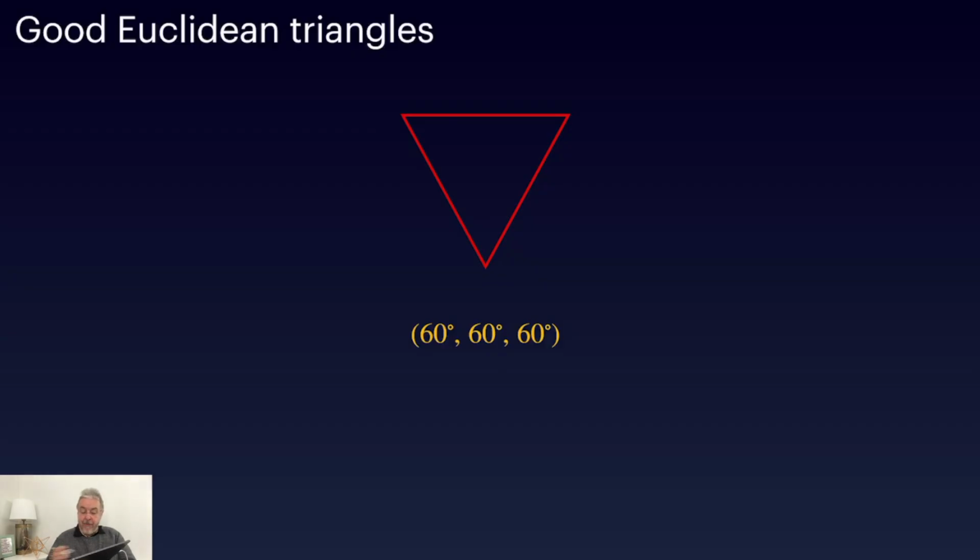So one of them in Euclidean geometry that makes it is, for instance, 60, 60, 60. So what you need is every corner is a divisor of 180 degrees. And the sum of the angles in Euclidean geometry should be 180 degrees as well. So 60, 60, 60 works.